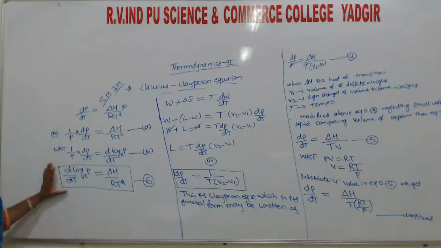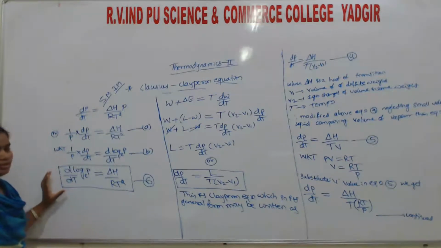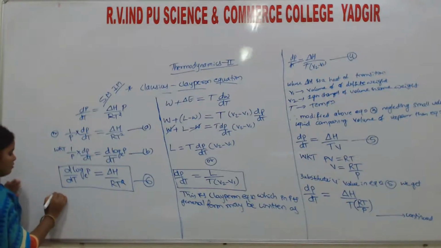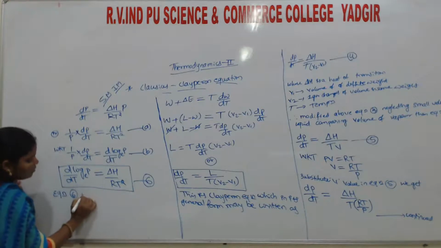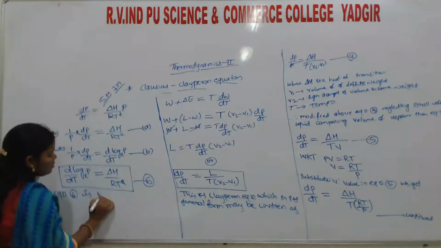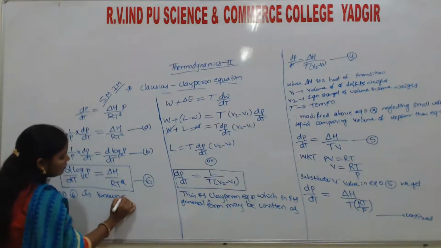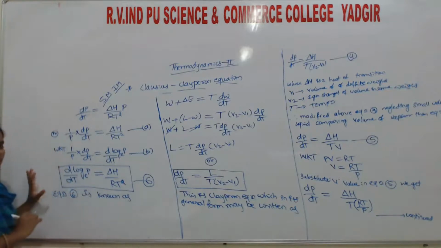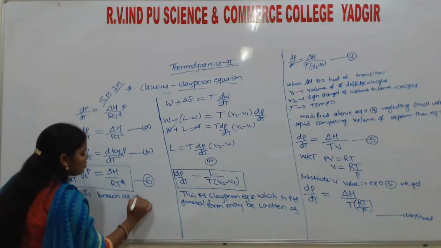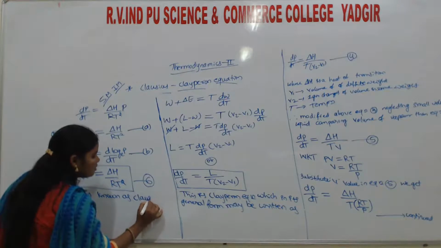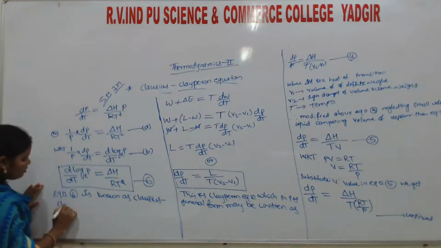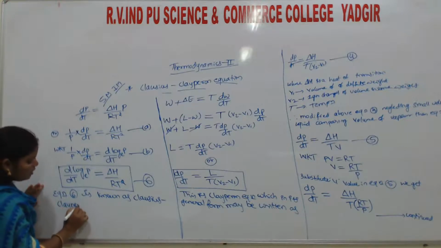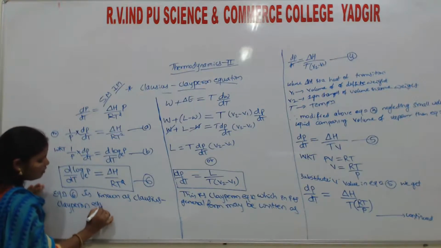This equation is known as the Clausius-Clapeyron equation. Equation number 6 is known as the Clausius-Clapeyron equation.